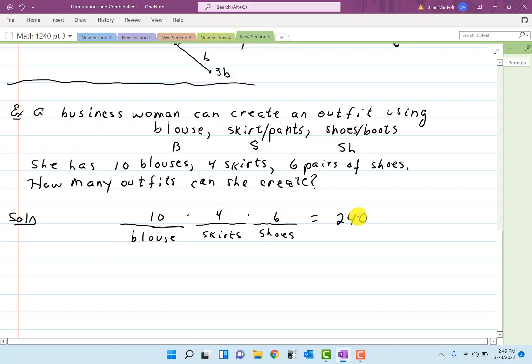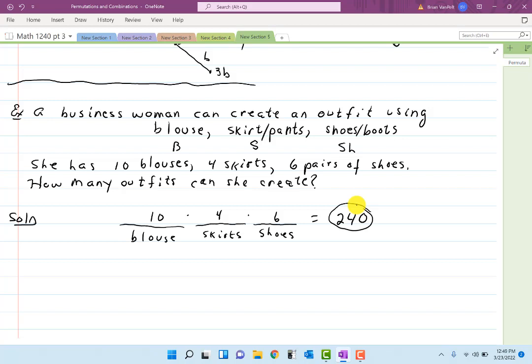The importance of this is that with, let's see, 10, 14, 20 different items at her disposal, she's able to create enough outfits for practically the entire year. If you throw a blazer on top of it, the possibilities just get even bigger by however many of those she has.